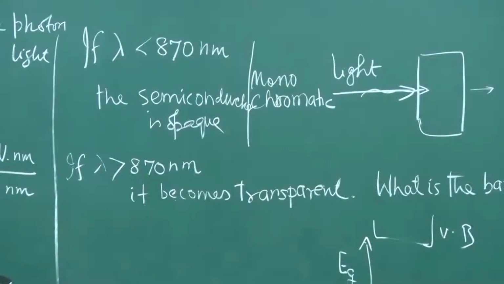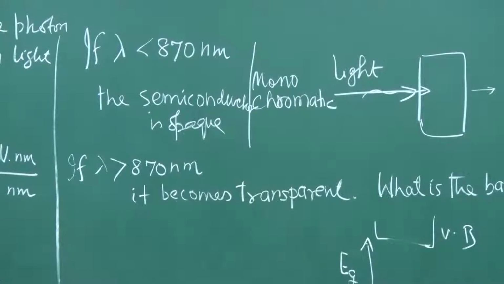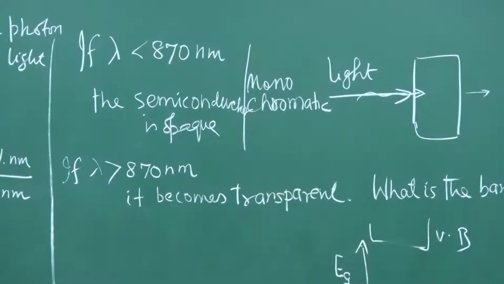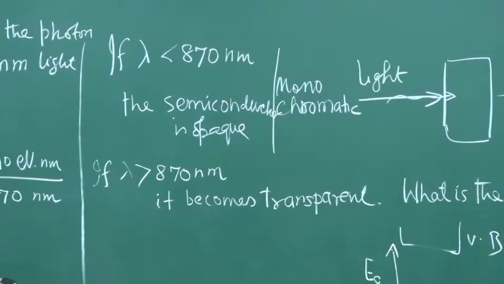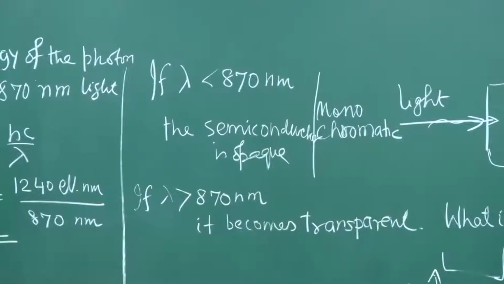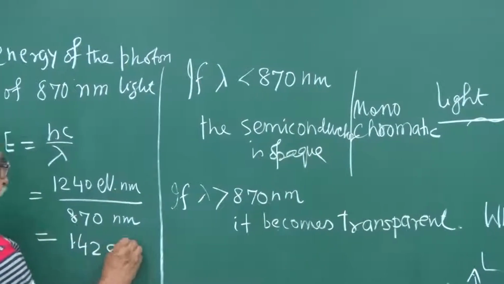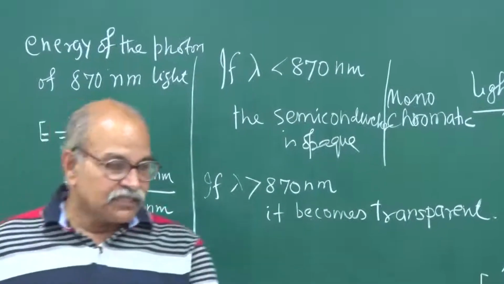This is 124 divided by 87, and this is 1.42, almost 1.42 eV.